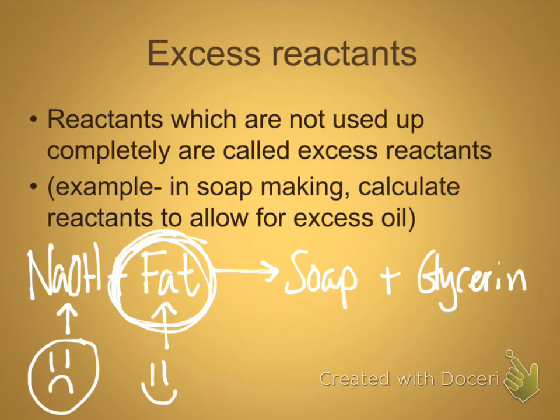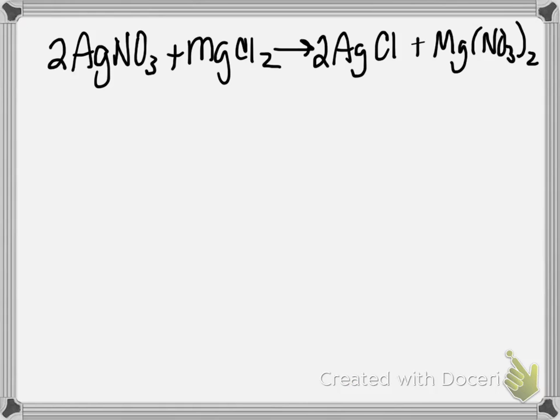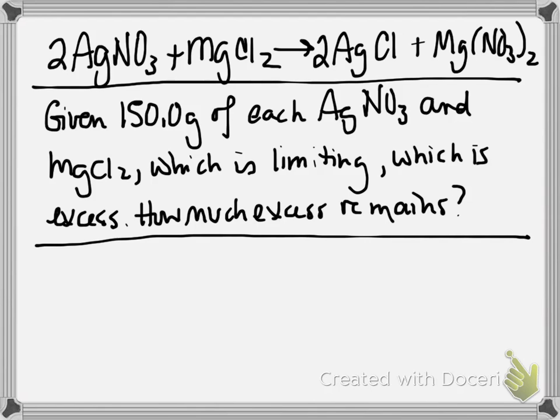All right, so you have a reaction here, and the way most limiting and excess problems start is with a statement such as this. Given 150 grams each of silver nitrate and magnesium chloride, which is limiting, which is excess, and how much excess remains?